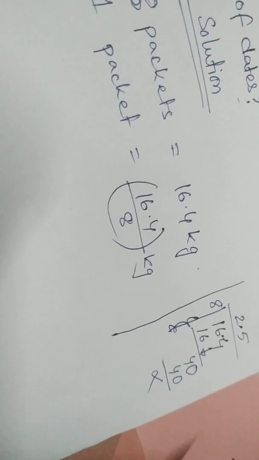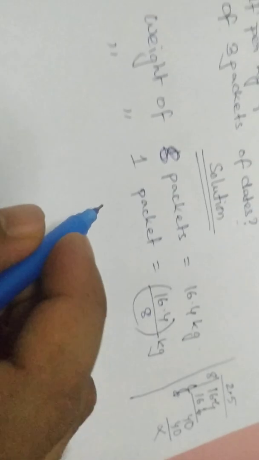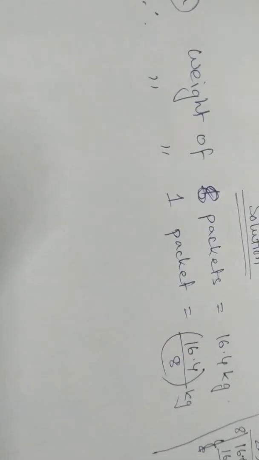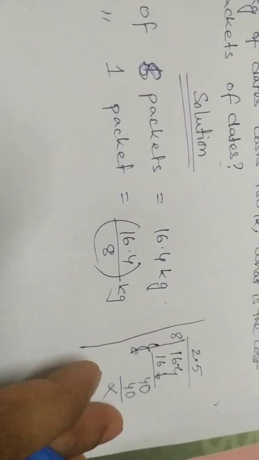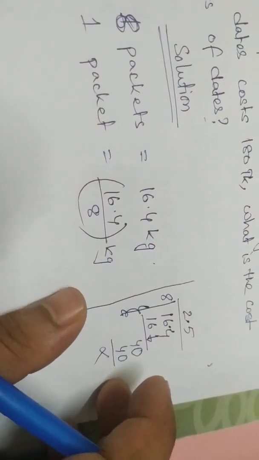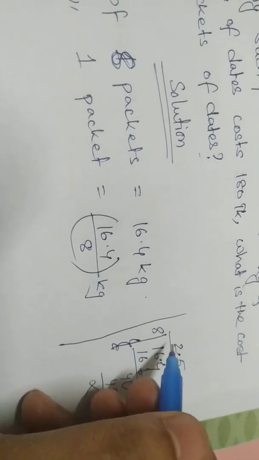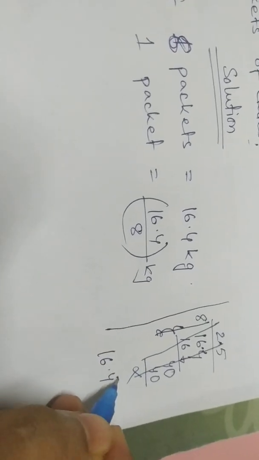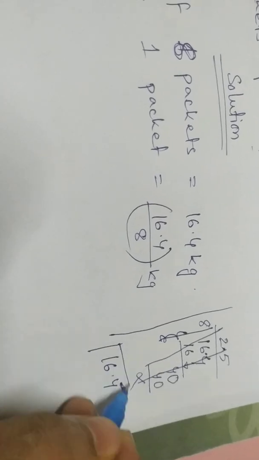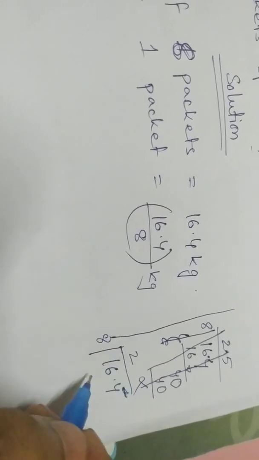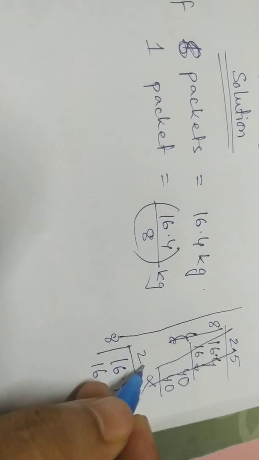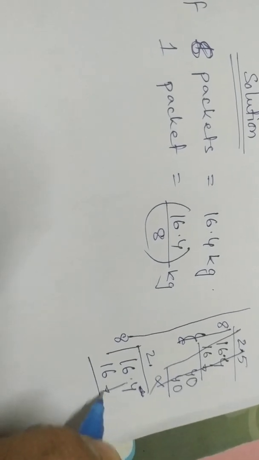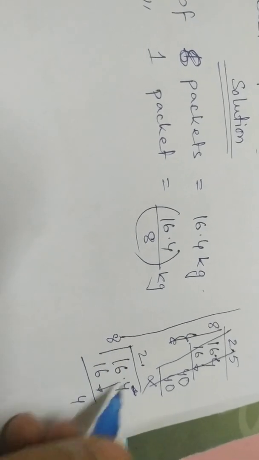Okay, so the answer is what? Weight of one packet is 2 point. No, okay, I made a mistake, sorry. So for 16.4 divided by 8, 8 2s are 16, that's fine. The point goes over here, but now 4 comes in, but 4 is smaller than 8, right?